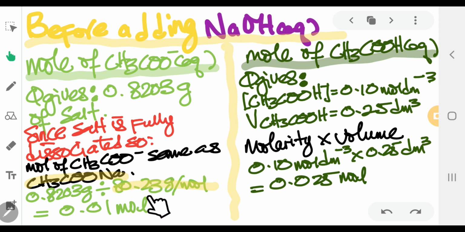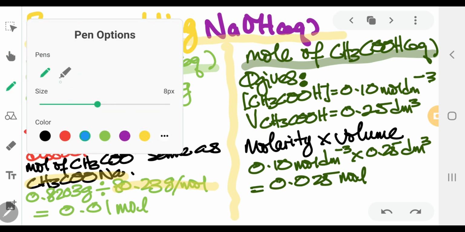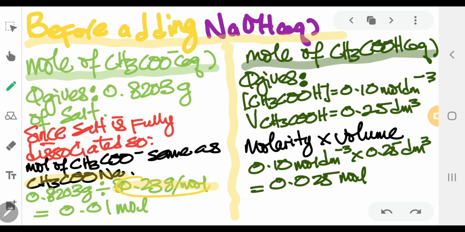So you get the number of mole of your CH3COO minus and the number of mole of your weak acid. Remember, this is the molar mass of your salts. Okay, still going to get 1 mark right here. You're going to get 1 mark right there for getting the number of mole.